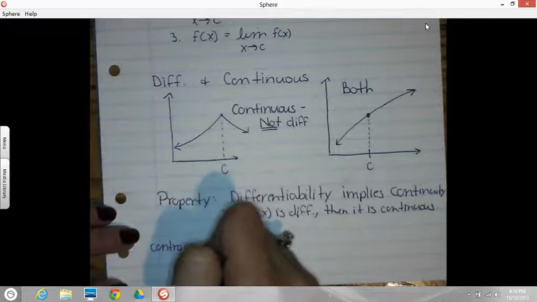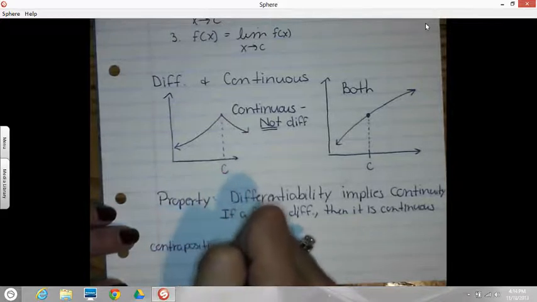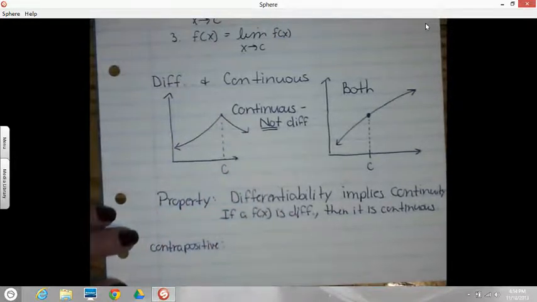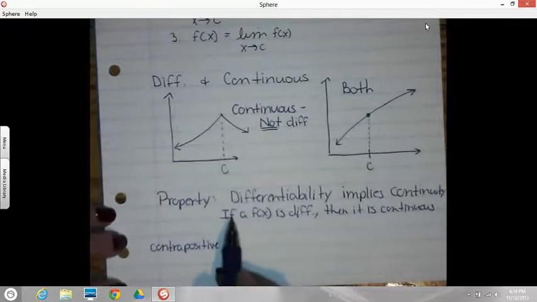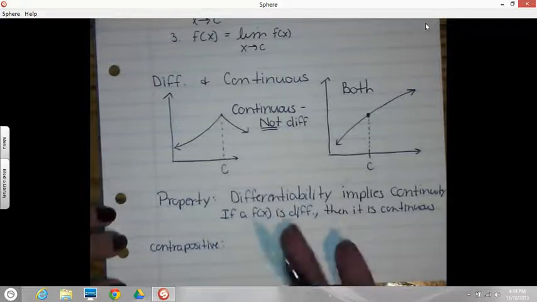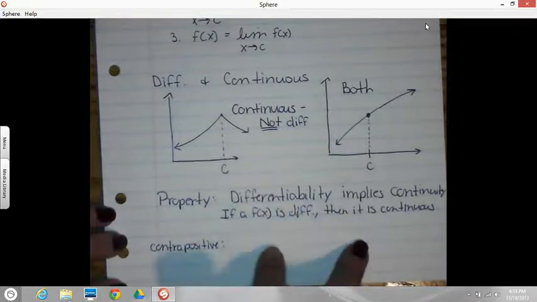Contrapositive. Take yourself back a couple of years. Remember when we did inverse, converse, contrapositive? Remember the contrapositive, if you have an if-then, and that's true, when you do the contrapositive, which is switch them and take the opposite, that is also true.